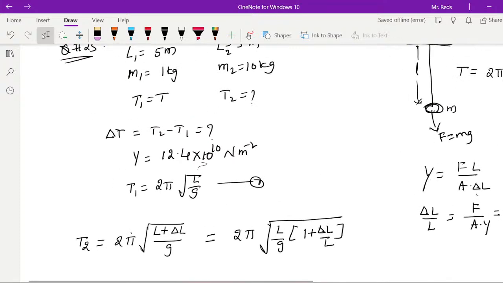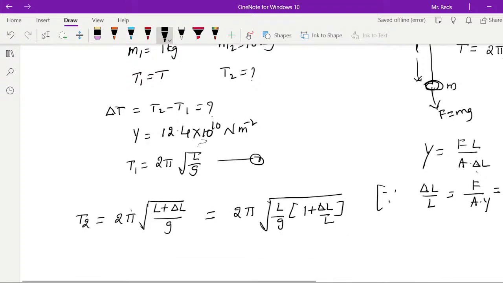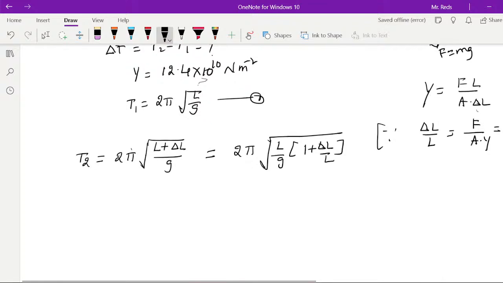Something else is given in terms of this, so we can keep this area like this only, as A into Y. Because delta L by L is this, if you take this over here, what else can you take?